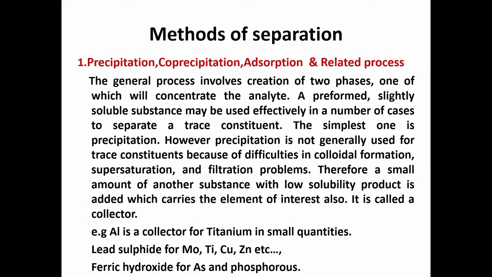So what are the different methods of separation we normally employ? These include precipitation, co-precipitation, adsorption and related processes. For example, the general process, what do we do? It involves creation of two phases, one which will concentrate the analyte and the other one which will contain all the remaining matrix.